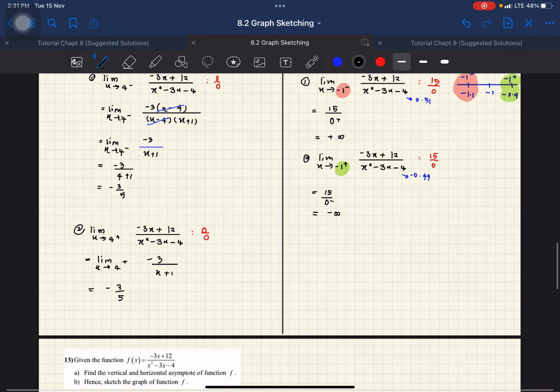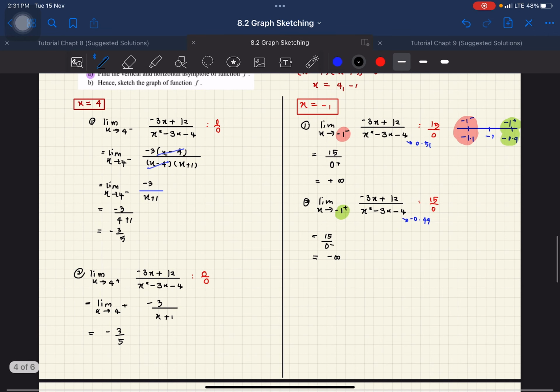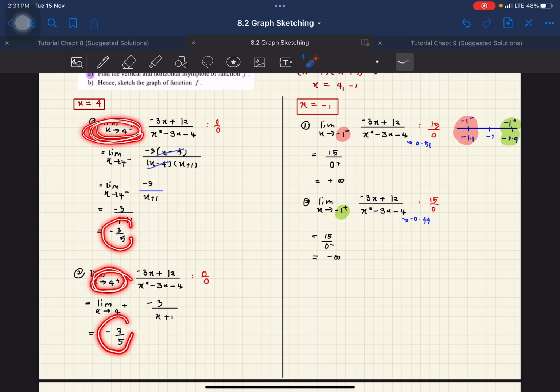Okay, settle here. Okay, so when we look here, when you find the limit as x approaches 4 from the left and also from the right, you get a constant value. Okay, so when you get a constant value for both the limit from the left and also from the right, that is not our vertical asymptote.